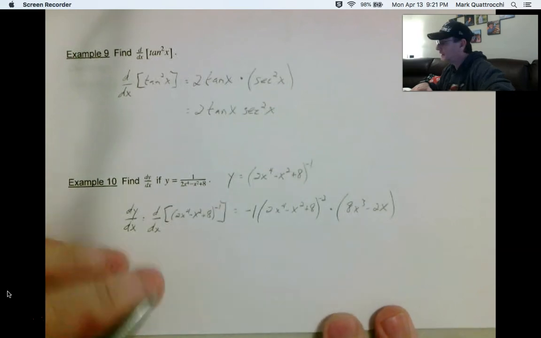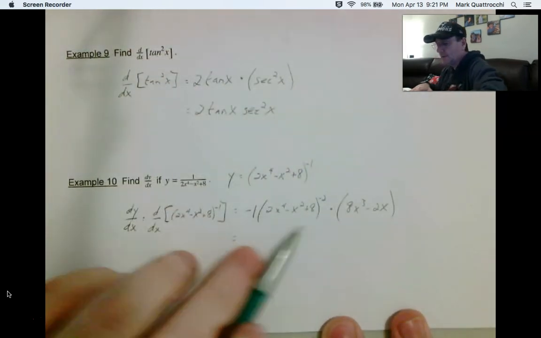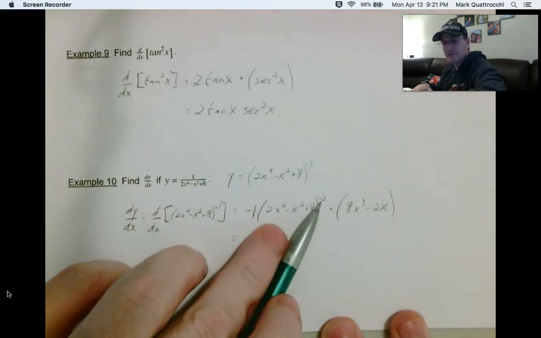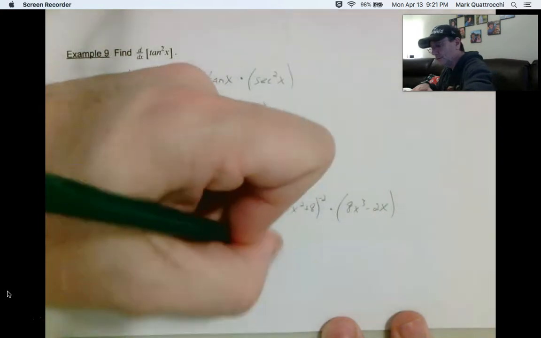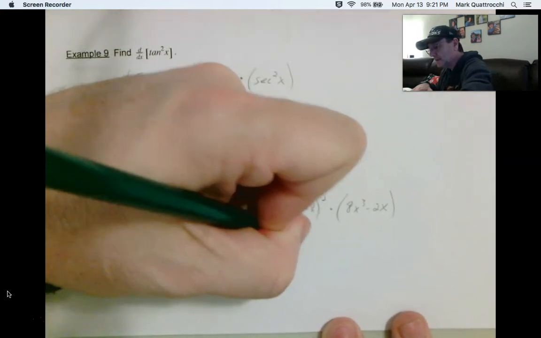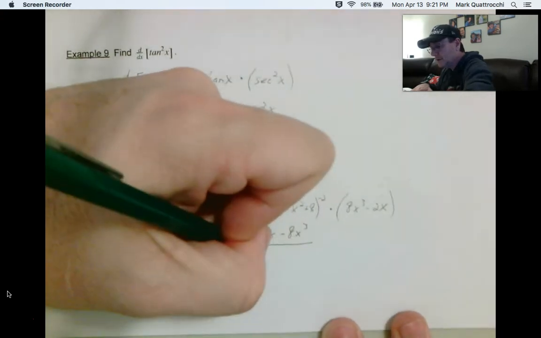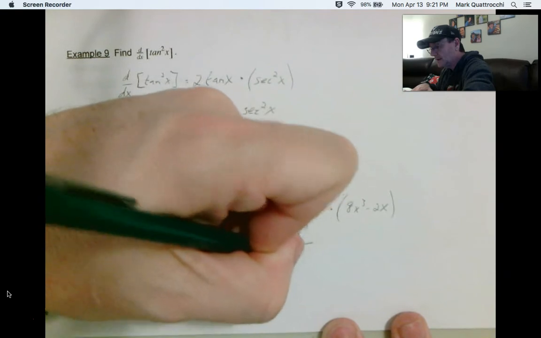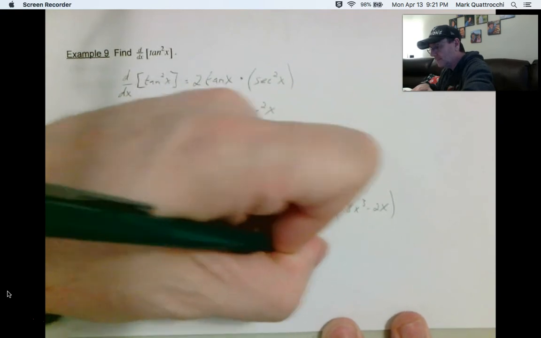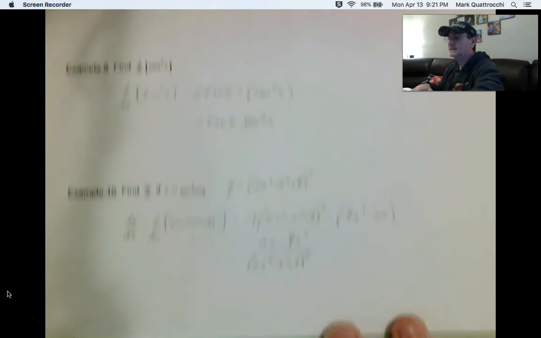The rest is just cleaning it up. Let's distribute. This is going to move down to the denominator because of the negative exponent. The negative 1 distributes through the numerator, so I get 2x minus 8x cubed in the numerator, and the denominator becomes 2x to the 4th minus x squared plus 8 to the positive 2 power. That's example 10.